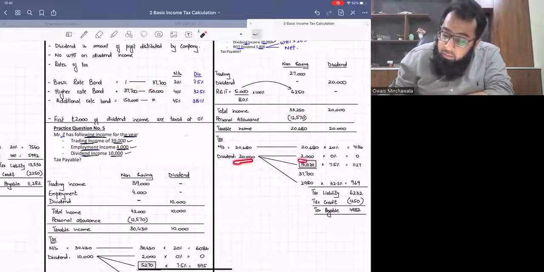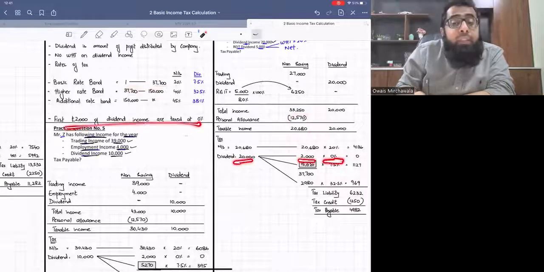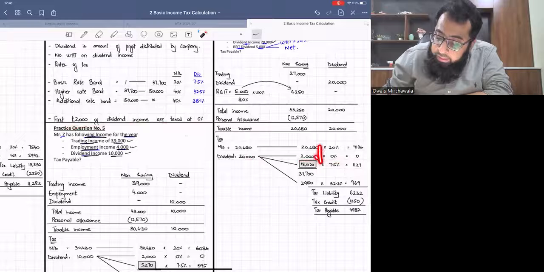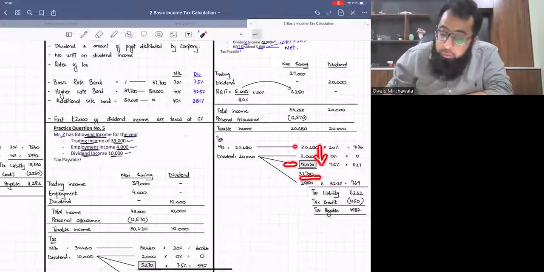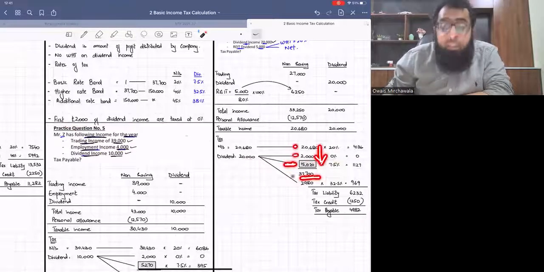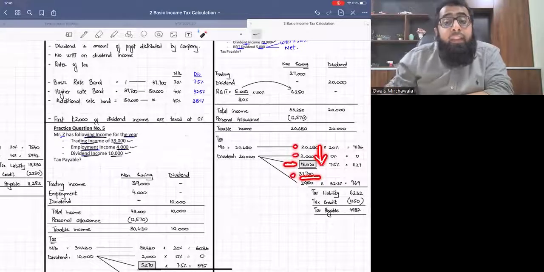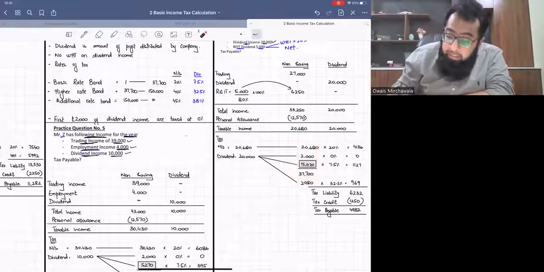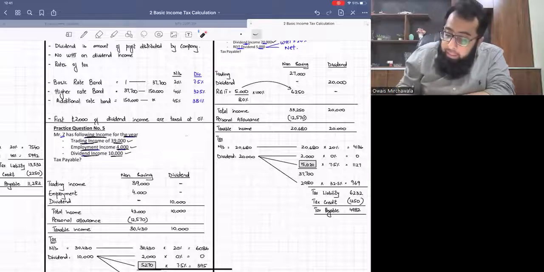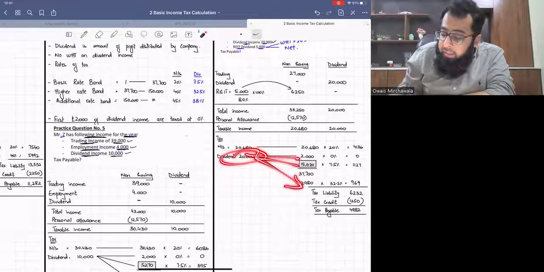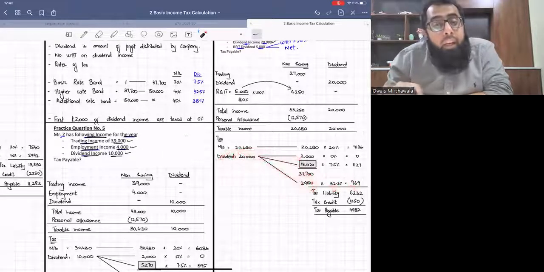The first 2,000 of the dividend goes at 0%. Now we looked at the remaining band: 20,680 plus 2,000 minus 37,700. The remaining band, the dividend rate is 7.5%. And then the rest of the dividend income is taxed in higher rate.